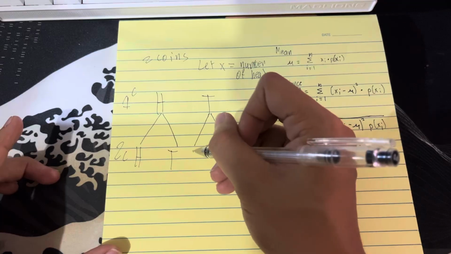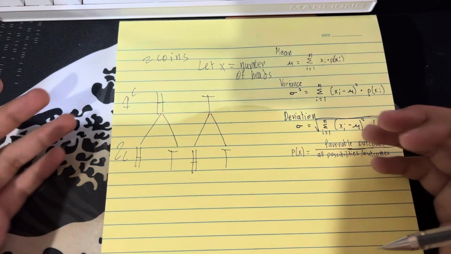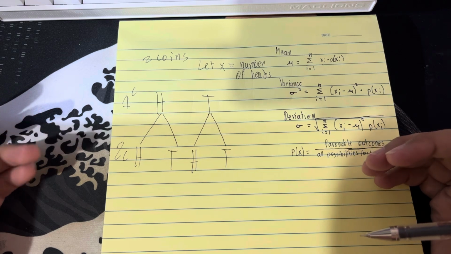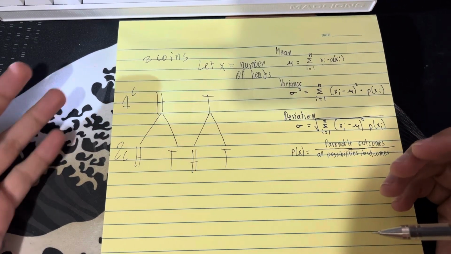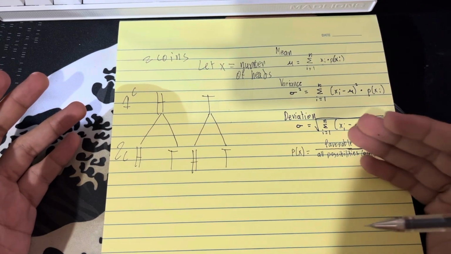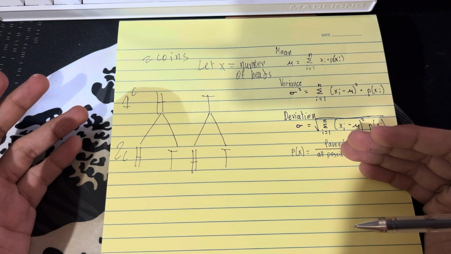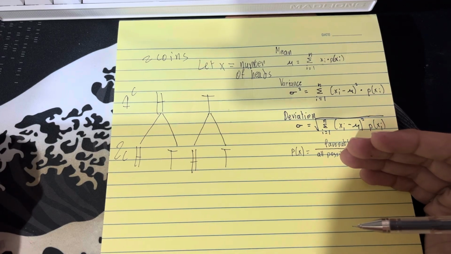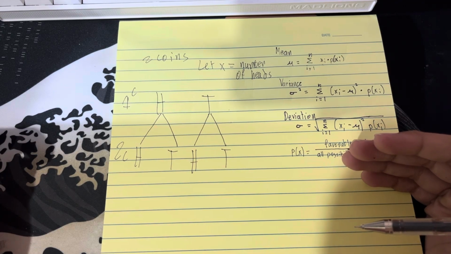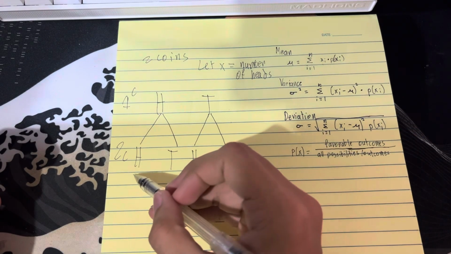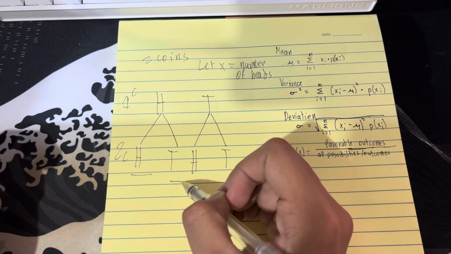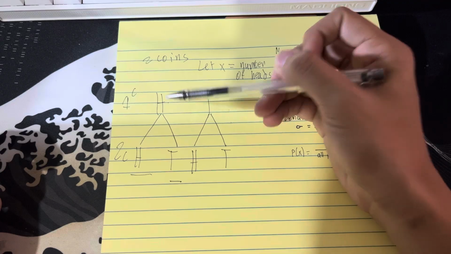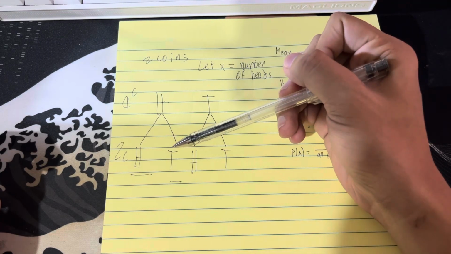Why does it become like this? This states that if, for example, your first coin lands on heads, you get your second coin, and the only two possible outcomes of flipping a coin are heads or tails. This states that if this is your first outcome, then these are your two possible outcomes that can come after that.